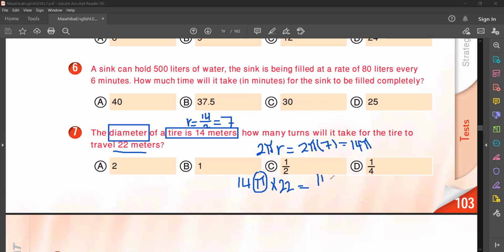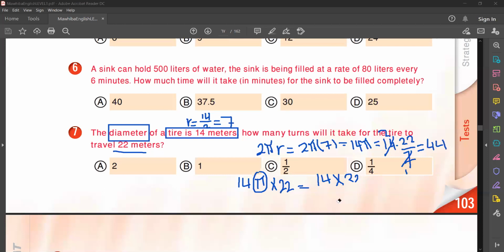You can write it 14 times 22 over 7. And you simplify, divided by 7, it is 2. So 2 times 22 equals what? Equals 44, right? Equals 44.